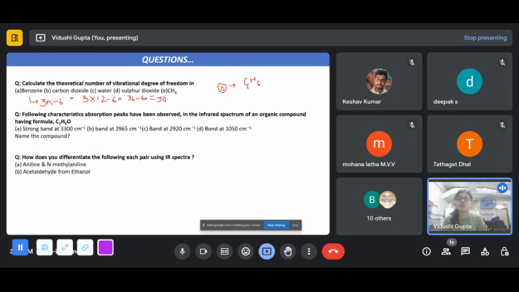What about CO2? We already discussed 3n minus 5. Is CO2 a linear or non-linear molecule? Linear molecule. CO2 will be a linear molecule.